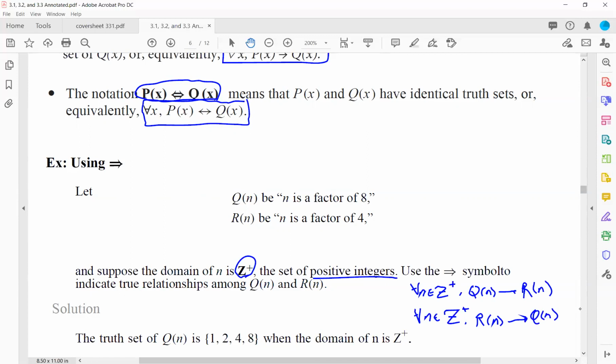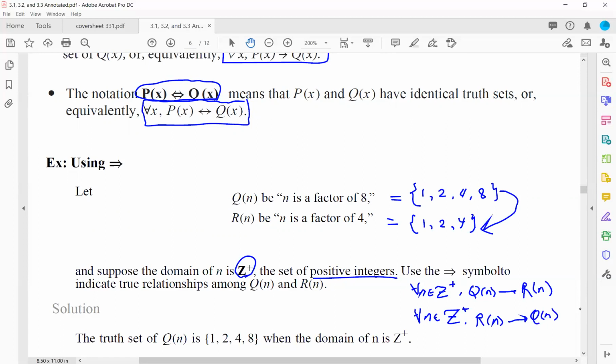Take a look at the factors of 8 in positive integers. It includes 1, 2, 4, and 8. For 4, factors are 1, 2, 4. So if you say that Qn implies Rn, it means that if I take a random element in Qn, that element must be in Rn.